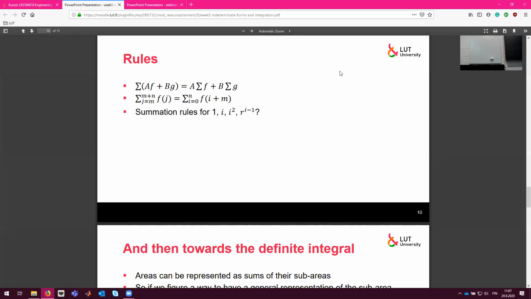So we can have the first rule shown here, which is actually combining two rules. You can take the common factor out, and you can also split the sum: if you have a sum of two things, then it can be divided in two, so it doesn't matter which way you calculate them.